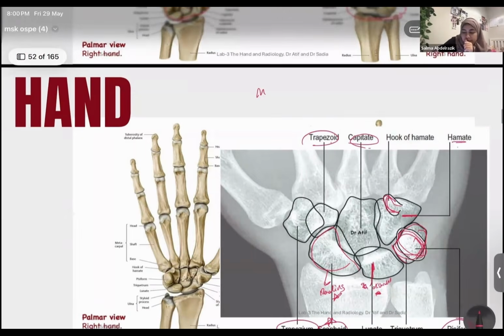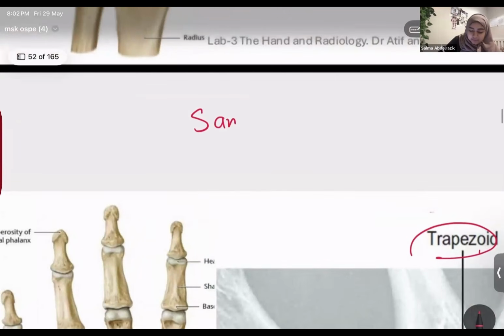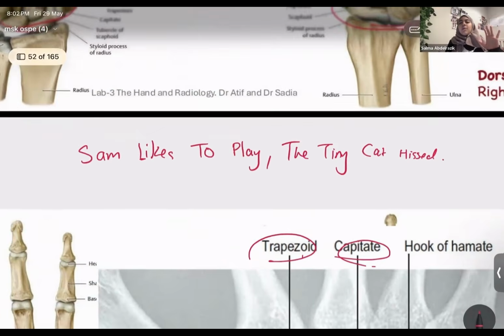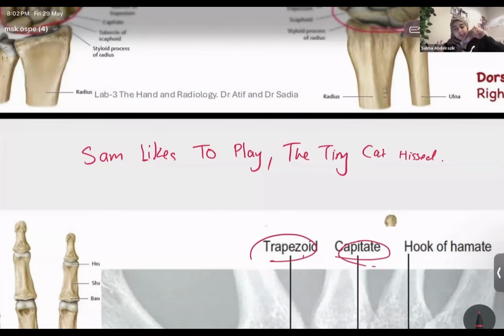Let me give you a mnemonic. Sam likes to play the tiny cat hissed. We all know which one Dr. Atif told you, so if you like that one more and it's easier for you to remember, just use it.